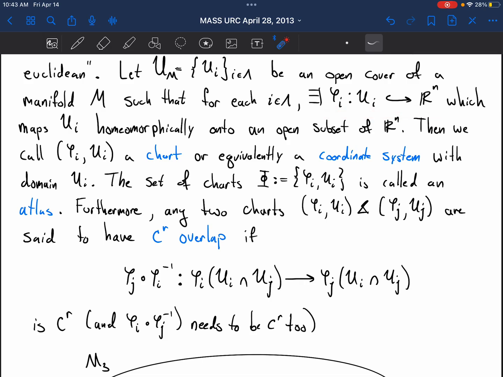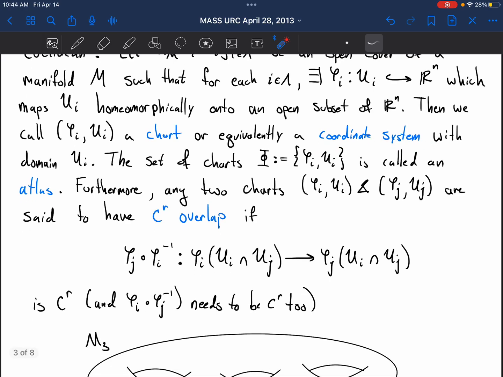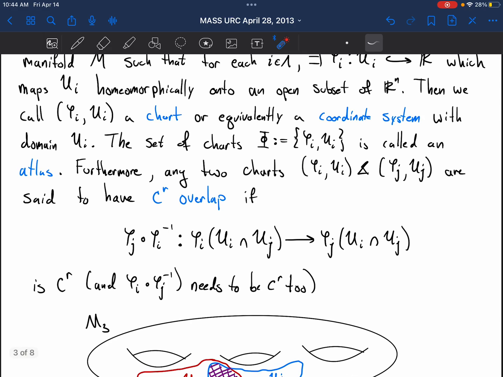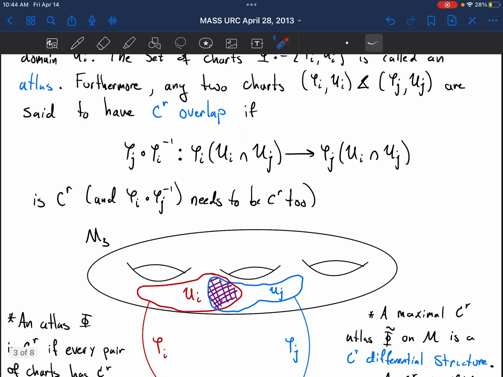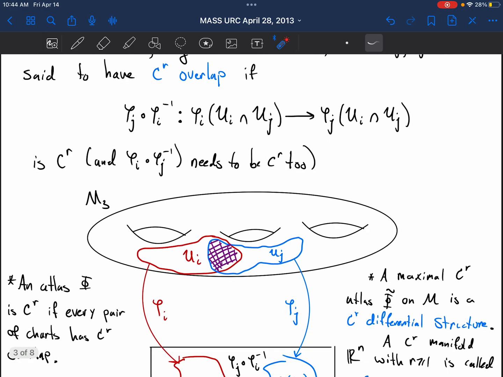If I pair these, phi_i and U_i, it's going to be called a chart or a coordinate system, and I can put them into a bigger set called an atlas. Furthermore, any two charts are going to have C^r overlap if the transition map in Euclidean space is a C^r map.